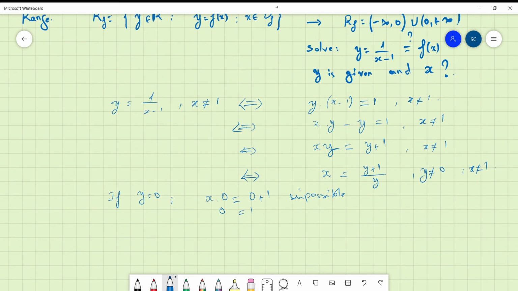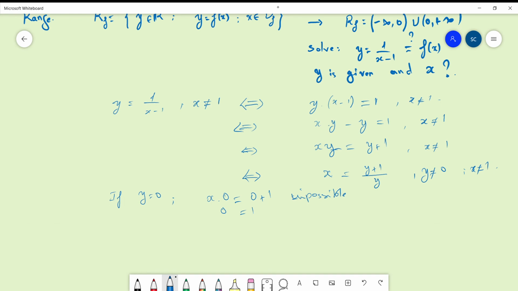Let's continue with another set. Okay, the other set is the graph set.